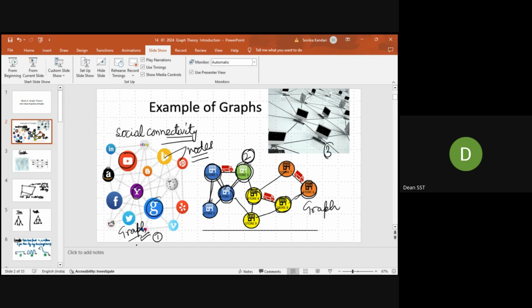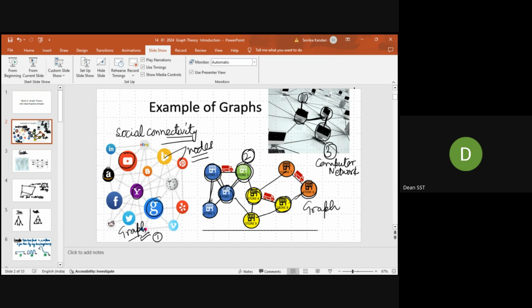At the top, I have one diagram of a computer network. This computer network is also in the form of a graph. These computers are the nodes, and these links which are joining the computers are the edges.